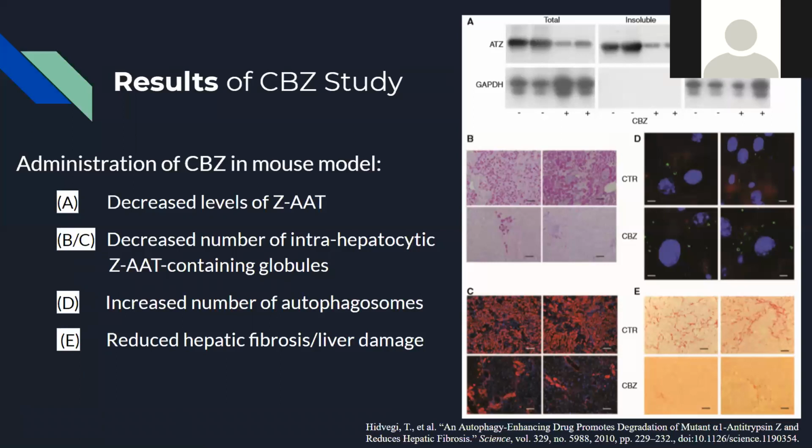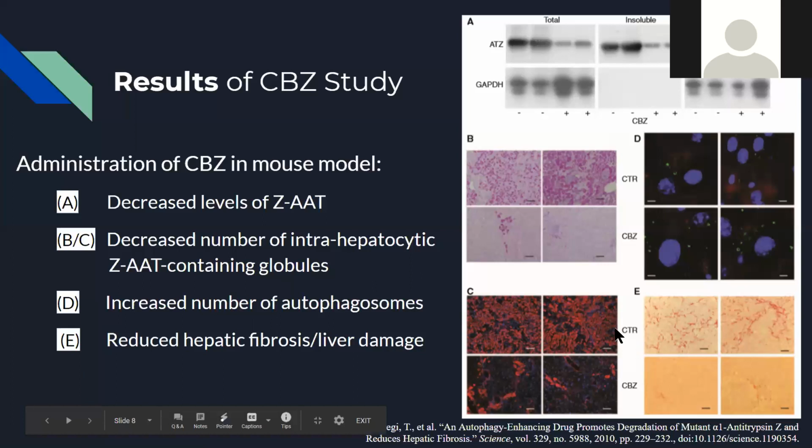And with the letters B and C, these are the histochemical and immunostains with the control on the top and the treatment on the bottom. Seen from the purple and the red pigmentation, this indicates the Z-AAT mutant, and there is a decrease in mutant containing globules with the administration of the treatment compared to the control.